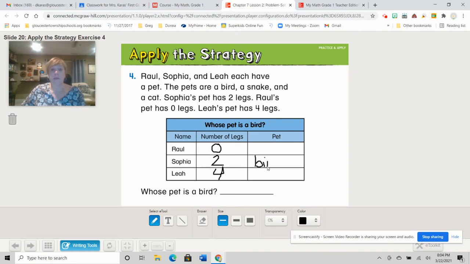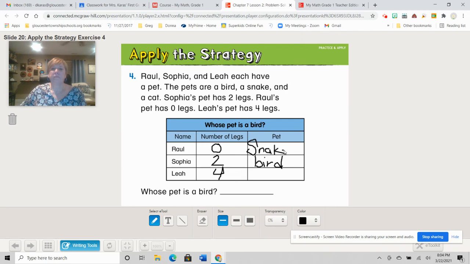Okay? All right. How many legs does, let's see, Raul's pet has 0. Well, what type of pet has 0 legs? That's right, the snake. Ooh, okay, snake. Good. All right.